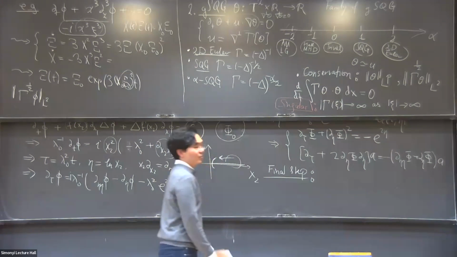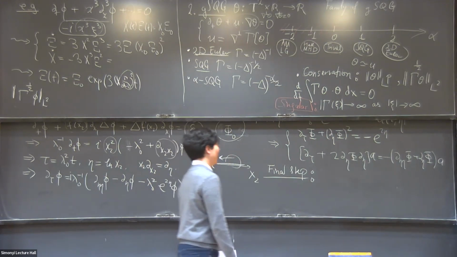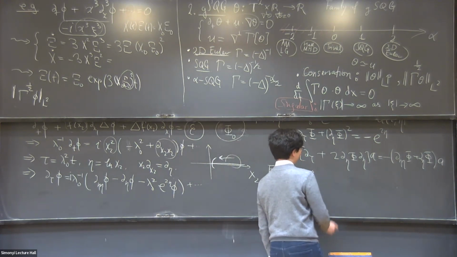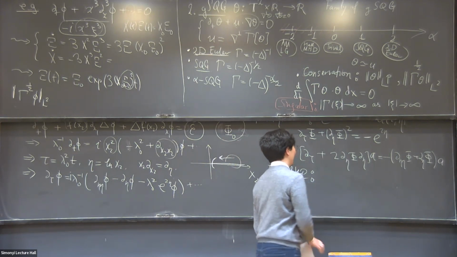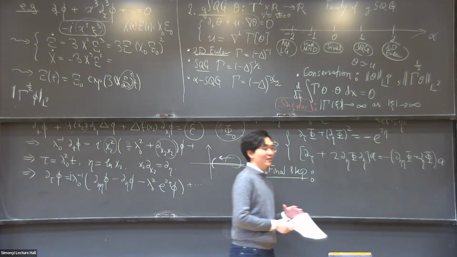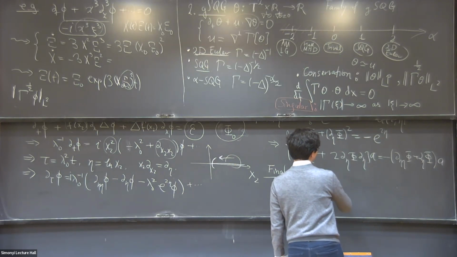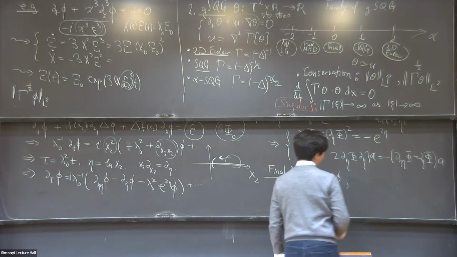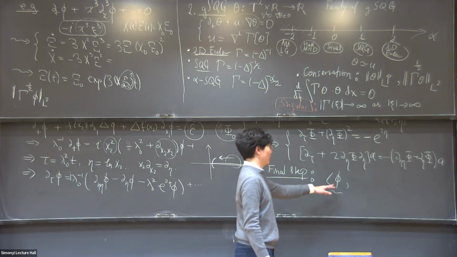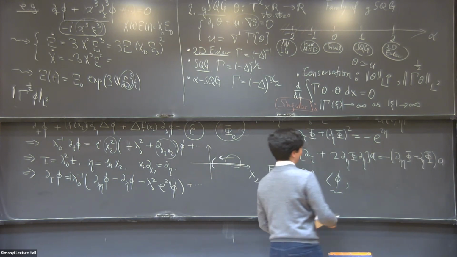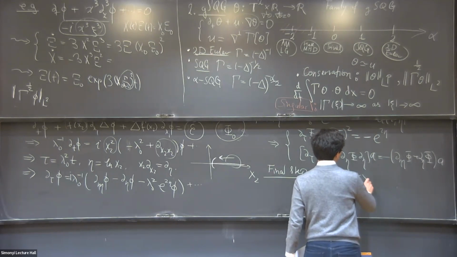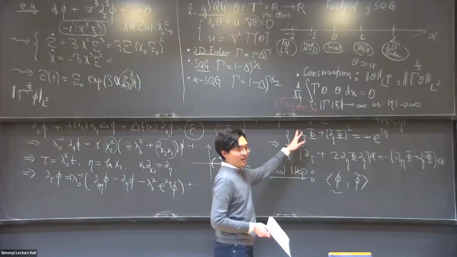There is a procedure called the wave packet testing method, which first appeared in a work of Ephraim and Tataru. You want to test in L2 your solution. So this is an actual solution to the linear equation against the wave packet that you have just constructed.